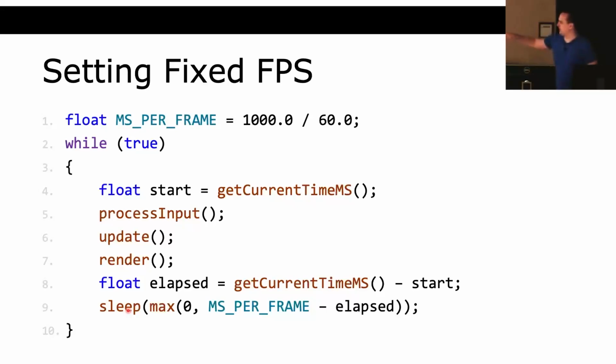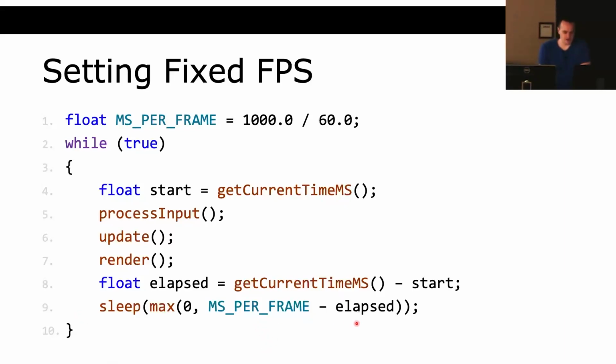Now, it's possible I didn't need to do this max because I didn't want to pass a negative into sleep. Essentially, if elapsed is greater than milliseconds per frame, how would that be negative? Well, if I'm subtracting one from the other. If my game engine is too slow, then that value is going to be negative, right? But typically, we've assumed that it won't.